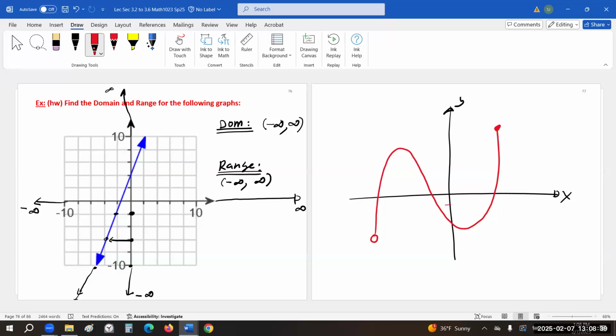And let's say this is -1, -2, -3, -4. And let's say this is +10. And let's say this is the x value 5. And this is the x value -7.